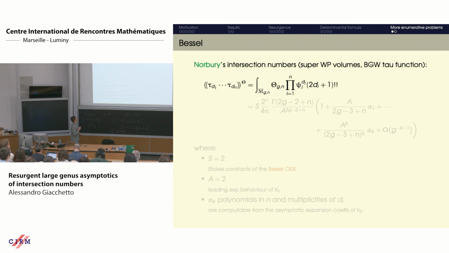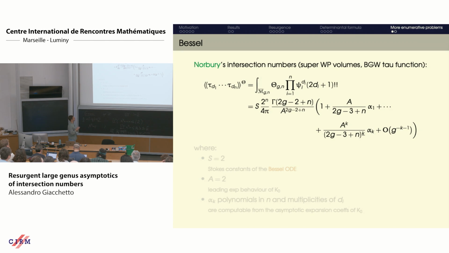And these intersection numbers, they have more or less the same structure. You have to intersect psi classes, but with a new cohomology class, which is this theta gn. And again, when we normalize these intersection numbers with these double factorials, we get exactly the same type of asymptotics.